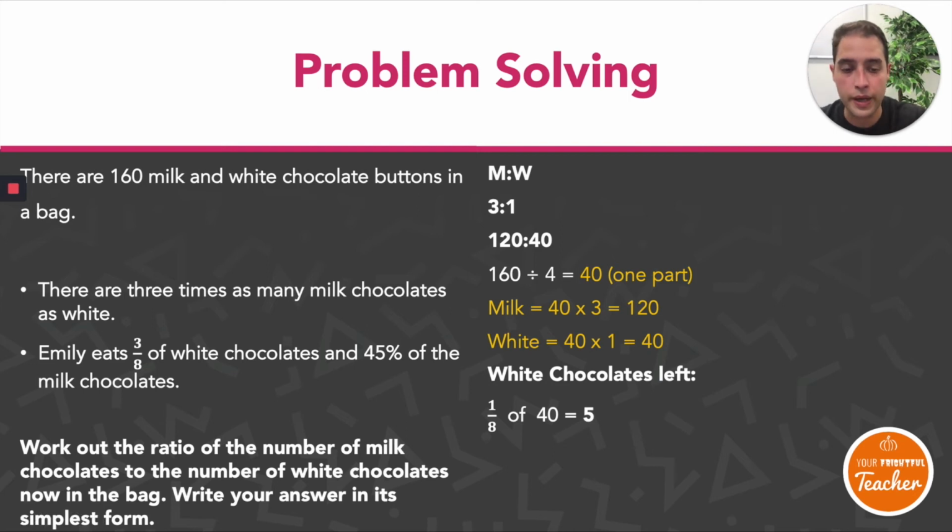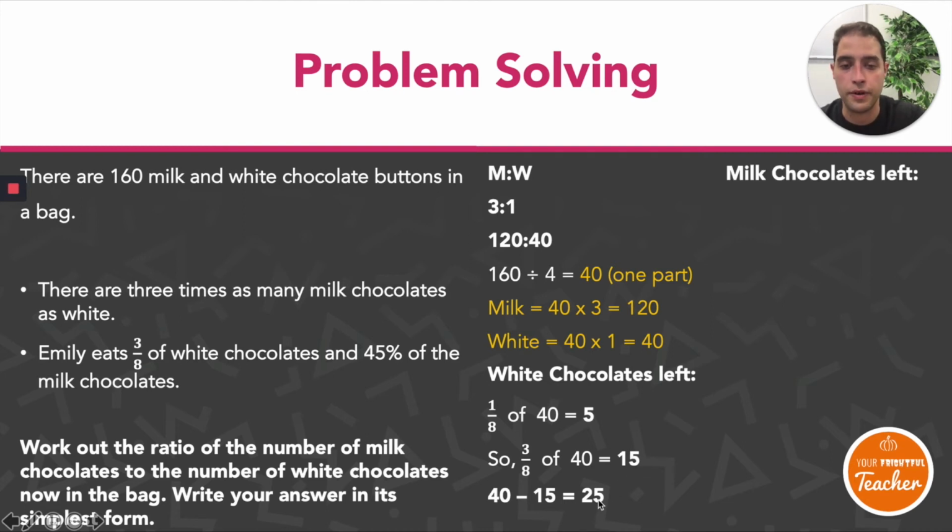And I need to work out 3/8, so I times that value by the top number. 5 times 3 is 15. So what's left? 40 minus the 15, the 3/8 that she's eaten, gives me the total amount left of 25.